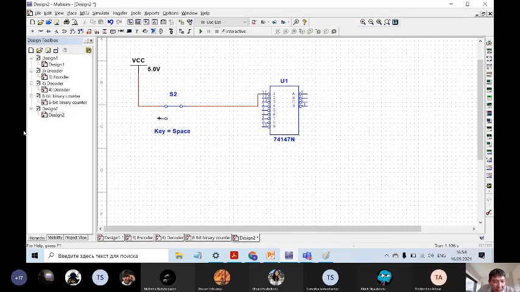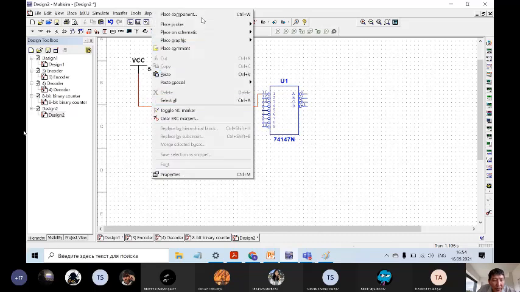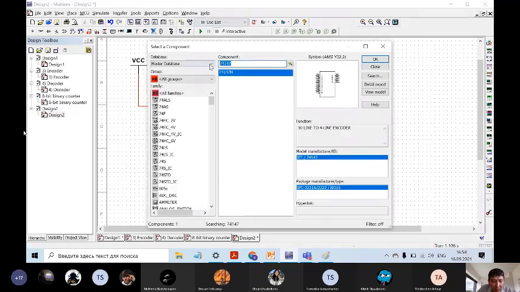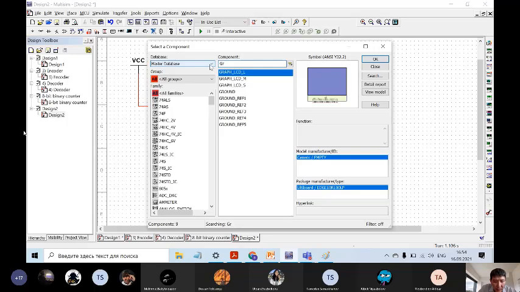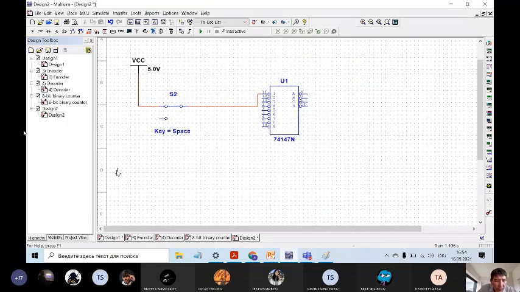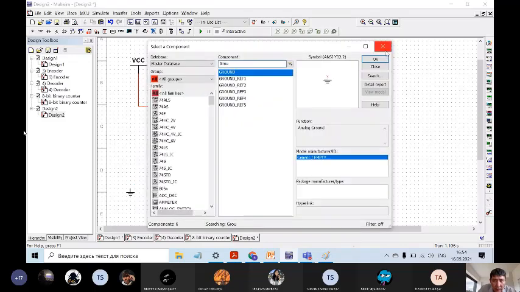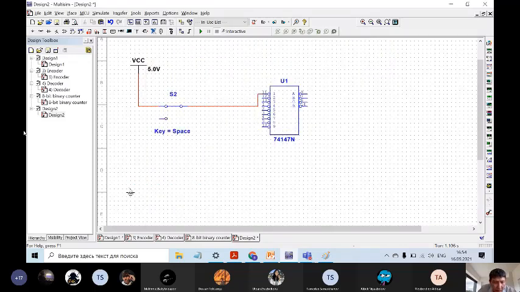Then this part you need to wire to the ground. This part. So guys, see, now I am applying 5 volts to pin 11.